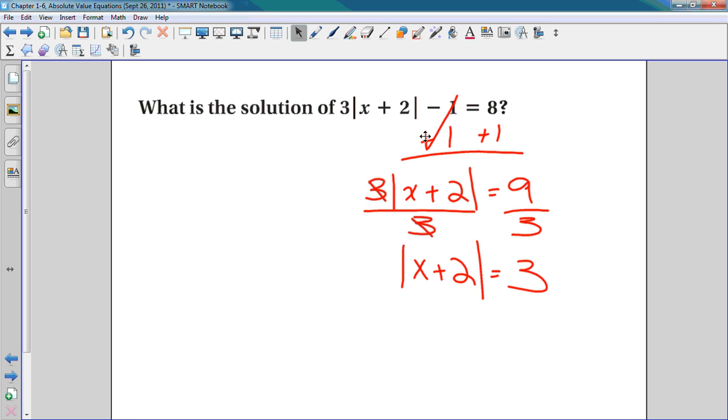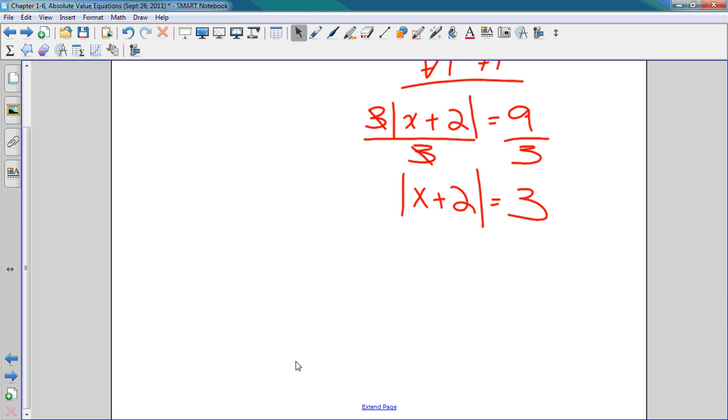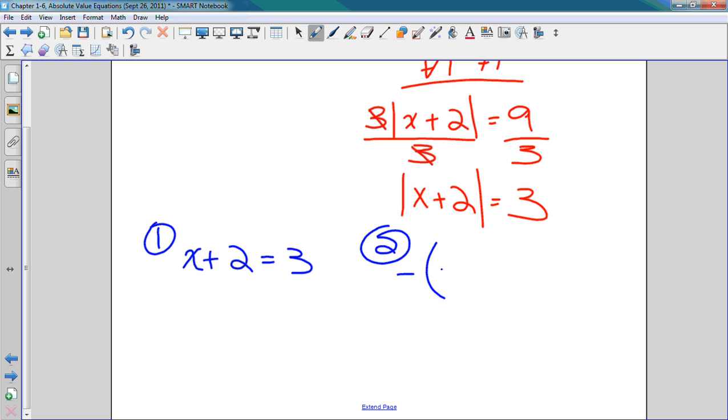Okay? Now, I have to start with a case 1, case 2. So case 1, positive x plus 2 equals 3. Case 2, negative x plus 2 equals 3. Go ahead and solve both.